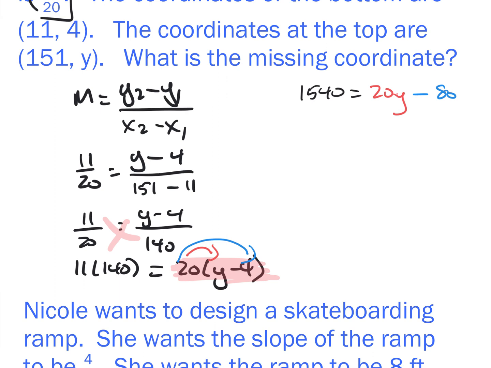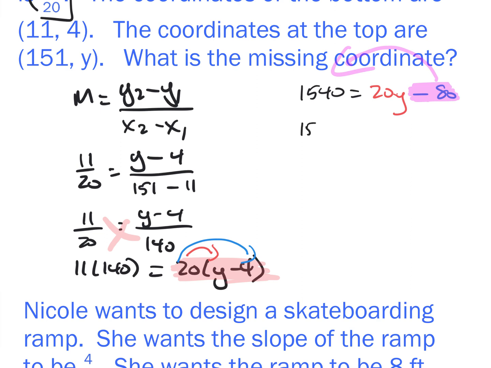Now, whenever we have something like this, we want to get the letter by itself. Which means that what we want to do ultimately is take the negative 80 and get rid of it on the right side. To do that, we're going to take it and bring it over to the left side. When you bring it over the equal sign, the sign changes.